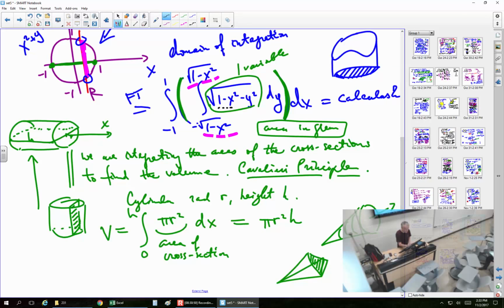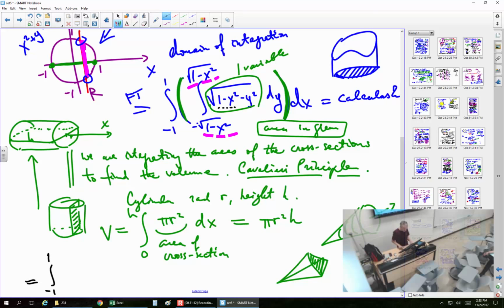Usually it is 1 minus y squared, and now 1 is replaced with 1 minus x squared. So there's some dependence. Let me write out what the answer might look like, not the final answer, but the integration.